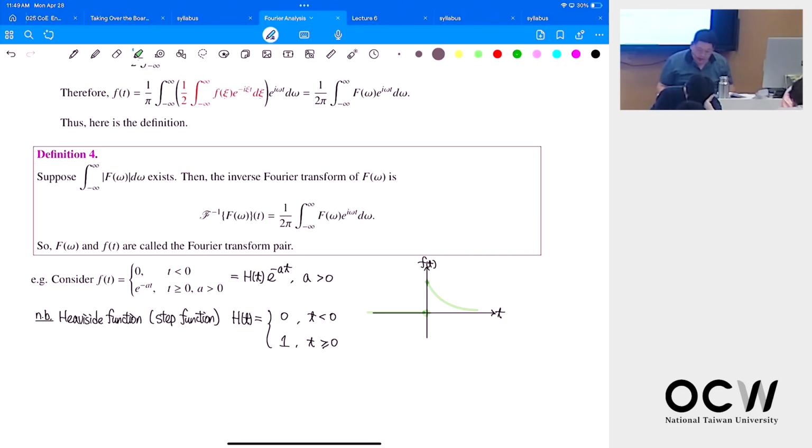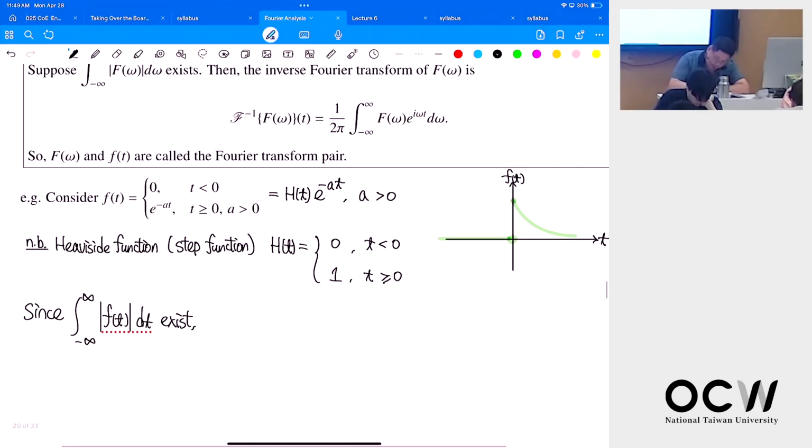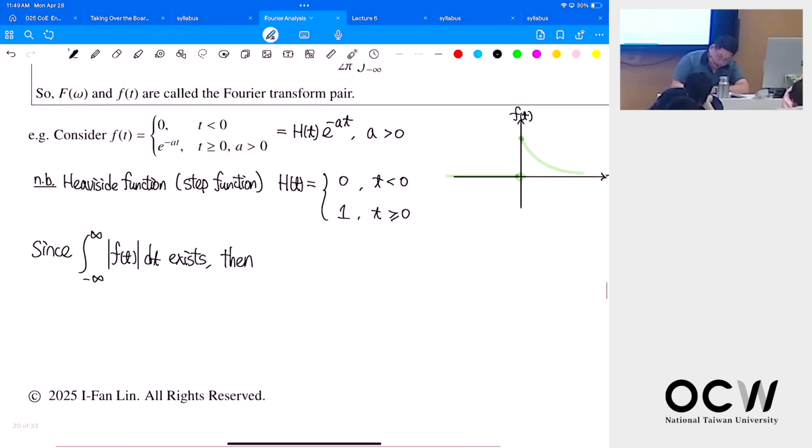It is finite, as you can see, when you take the integration. So since the integration exists, then what is the Fourier transform of this function?